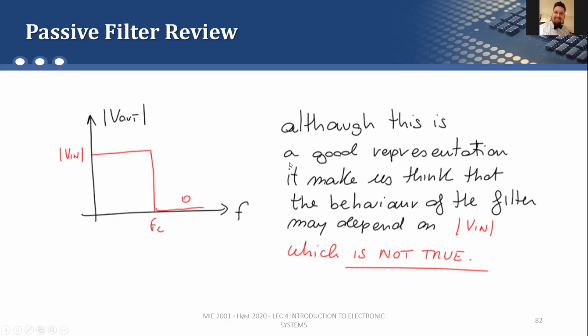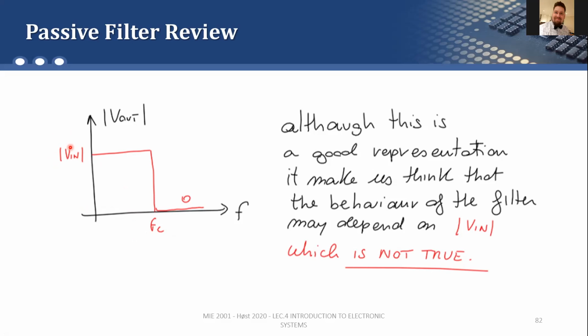Although this is a nice representation of a filter, it makes us think that the behavior of the filter depends on the input, because this red curve that represents the behavior of the filter depends on the value of the input. Of course, the behavior of the filter does not depend on the input.